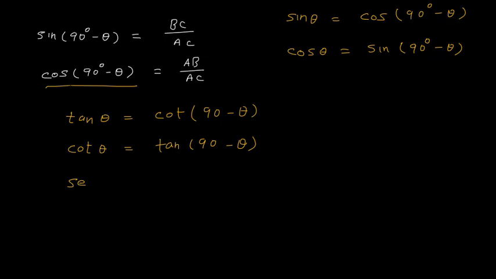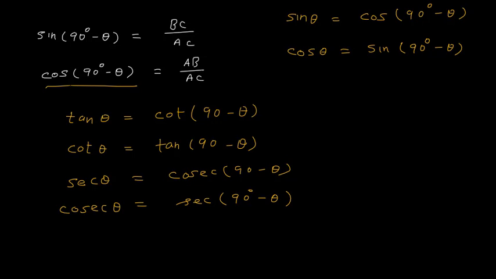We have sec theta as cosec 90 minus theta and cosec theta as sec 90 minus theta. All these relations you can check, you can prove, as we have done for sine and cos. So relation is between sine and cos, relation is between tan and cot, and relation is between sec and cosec. So these are trigonometric ratios for complementary angle.